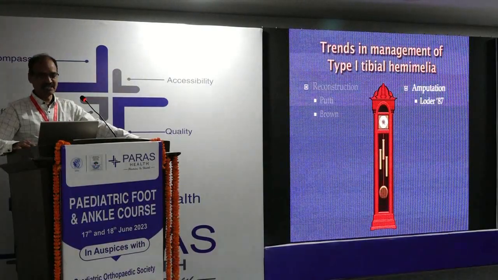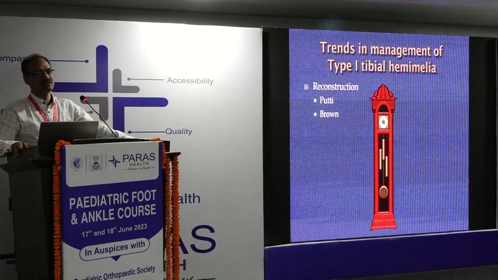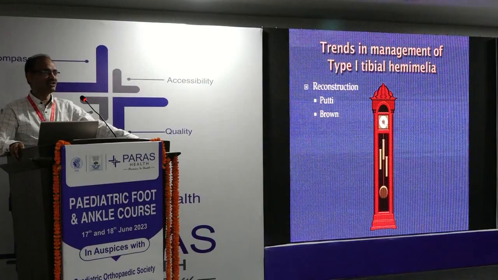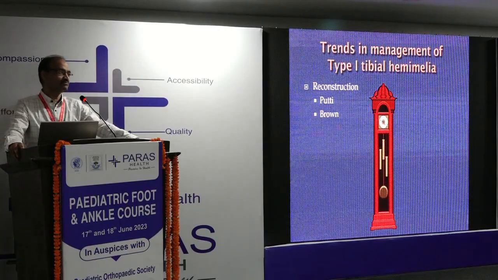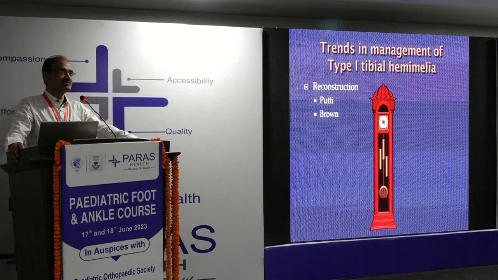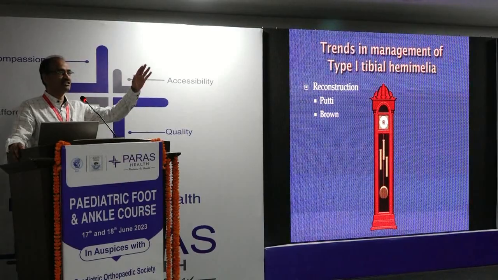What happens in the case of tibial hemimelia, if you read the literature, whether you do limb ablative surgery or limb salvage surgery, is that the people who see complete tibial hemimelia will say it is very simple, we can do ablation, because the tibia is forming the knee joint and ankle joint.